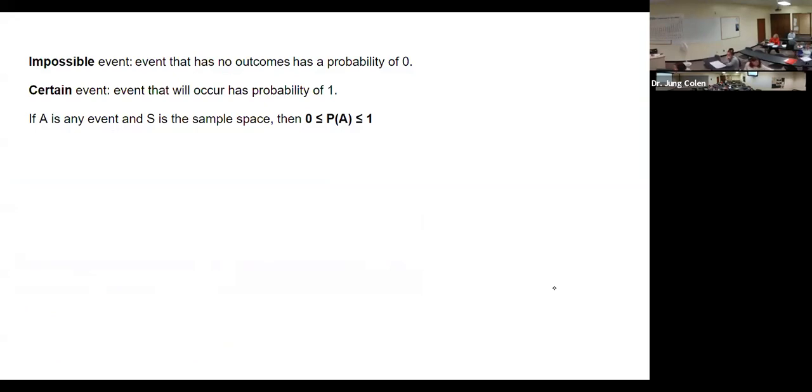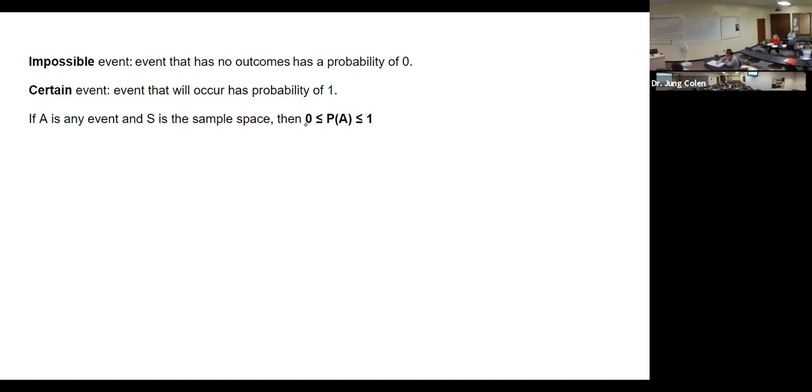So if an event is impossible, of course, there's no outcome, so the probability for that event should be 0. If that event certainly happens, it's 100%, right? That probability is 1. So I just talked about percentage there. We can also talk about probability in percent, because it's between 0 and 1.